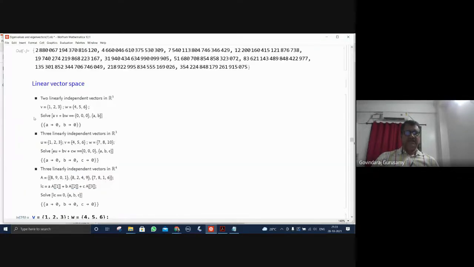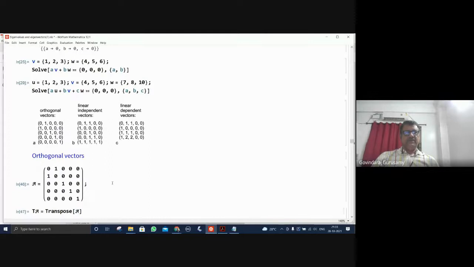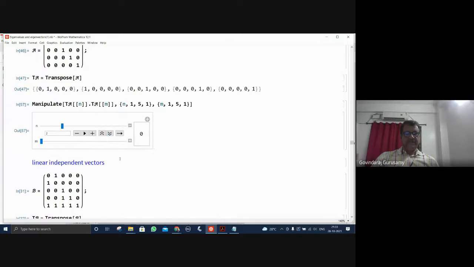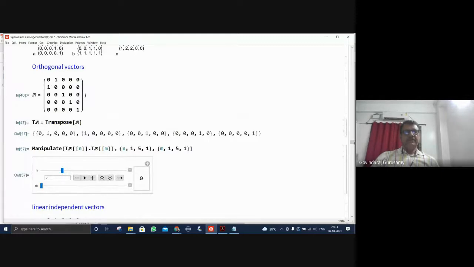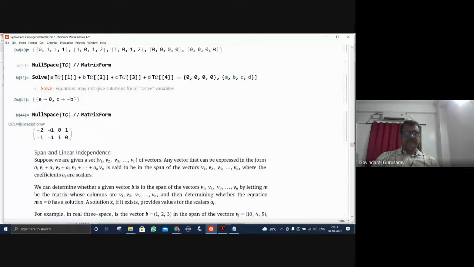I have vectors here, U, V, A and B, multiply. Then you have the result. Okay. Now I have given three vectors: orthogonal vectors, linearly independent vectors, linearly dependent vectors. You can find out these norms, whatever is explained, and that has been described here. You can easily check whether this is satisfied or not for all the three orthogonal vectors.